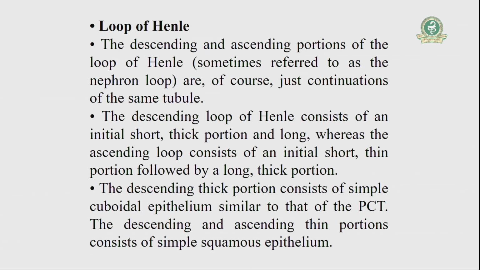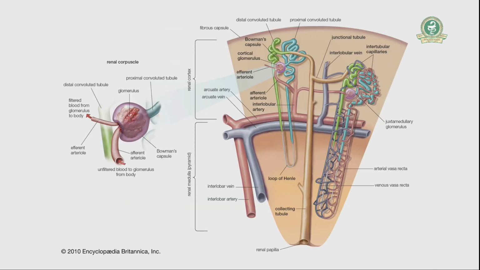The thick portions consist of simple cuboidal epithelium similar to that of the PCT, and the thin portions consist of simple squamous epithelium. This is the loop of Henle.